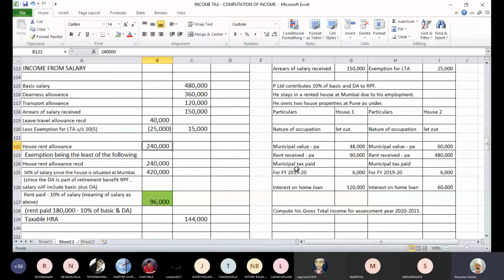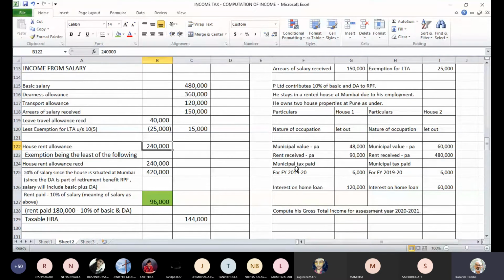Now, in the given case, we have one reference here. His employer contributes 10% of basic and DA to a recognized provident fund. This is a hint for us. What is the RPF? Recognized provident fund is a retirement benefit. So when the employer contributes to the retirement benefit fund RPF, he is taking into account both basic as well as DA.